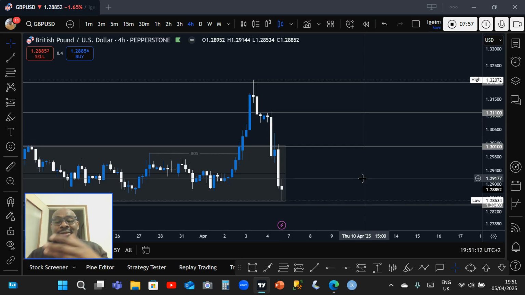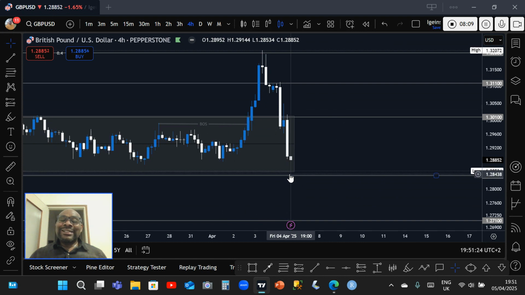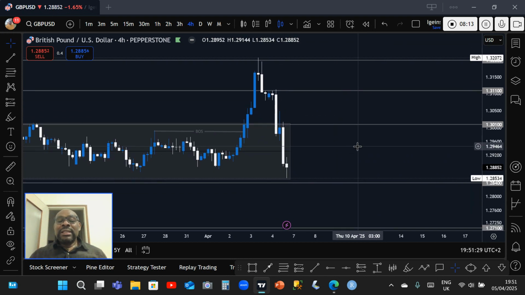It simply tells you the behavior and the story behind every form of candle. It will tell you that at this point, there is rejection from this level, which simply means that there are buyers in the market. Buyers have stepped in and they are rejecting the price from here.